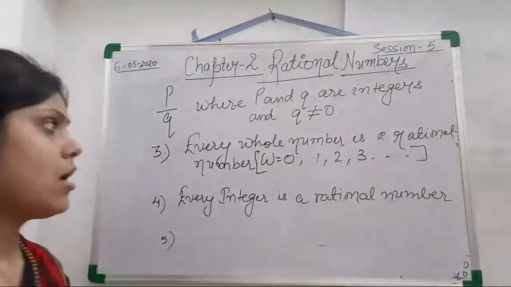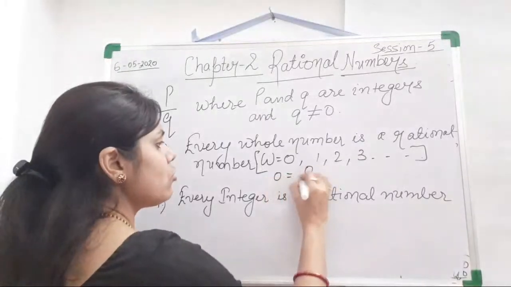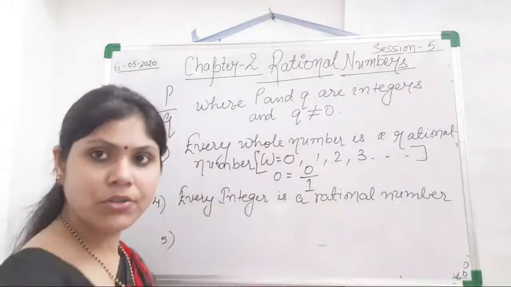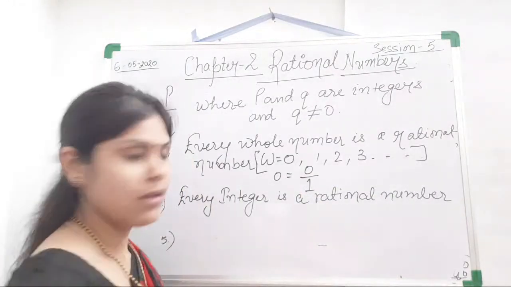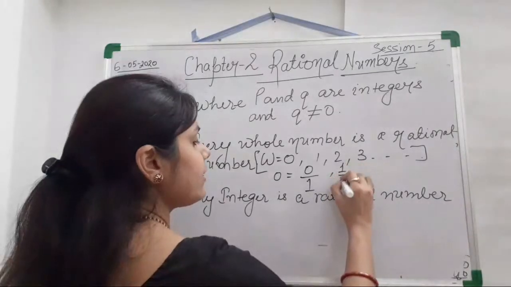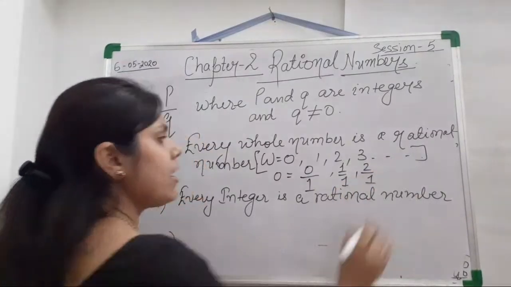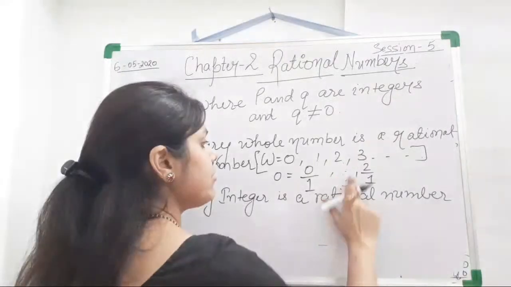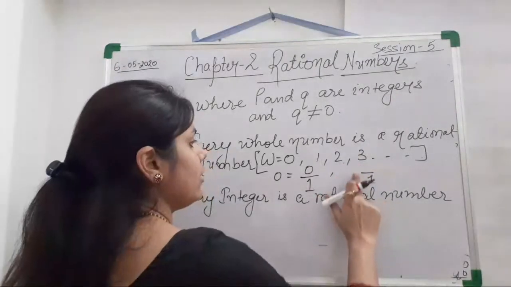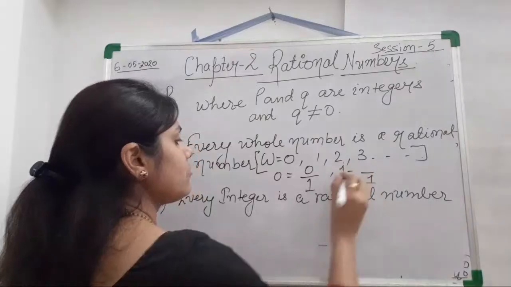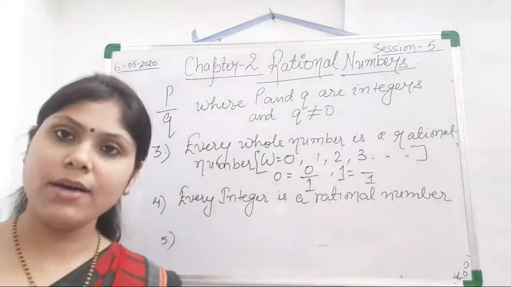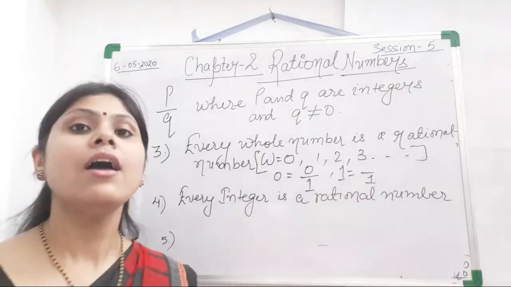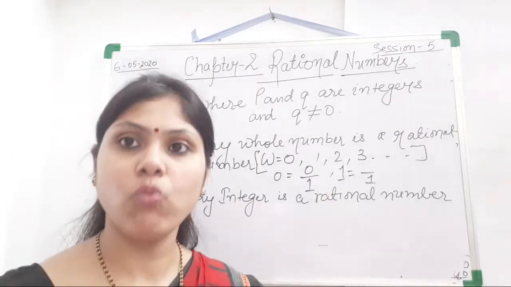We can write 0 as 0 upon 1. 1 can be written as 1 by 1, 2 as 2 by 1, and 3 as 3 by 1. So every whole number is also a rational number because we can write it with a denominator of 1.